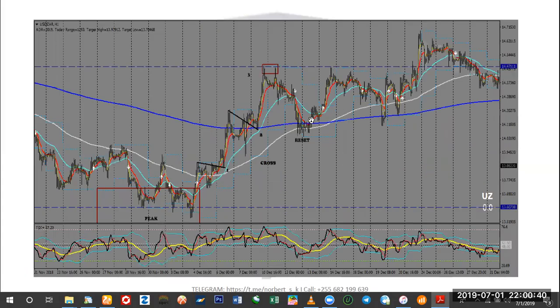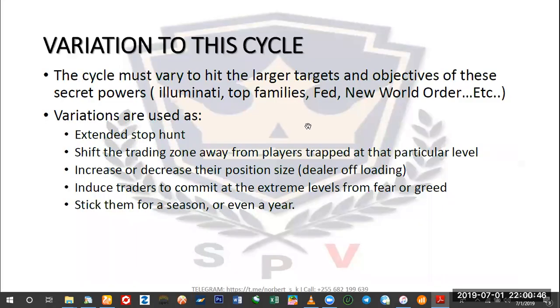So this one was the hour 1 time frame here. Variation to the cycle. There are certain variations that happen on the cycle, like you'll see a big rise or a big fall, or there might be an extension on the stop band, a very deep, extended stop band.